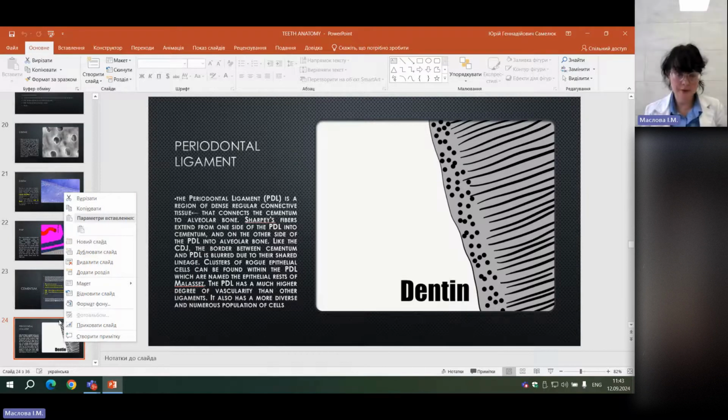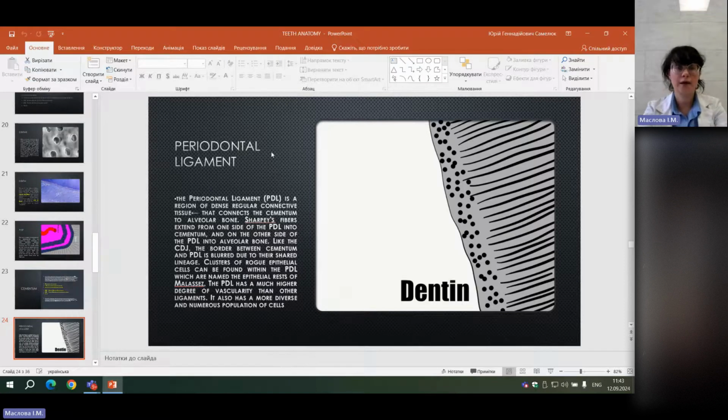The next structure is the periodontal ligament. The periodontal ligament, or PDL, is a region of dense, regular connective tissue that connects the cementum to the alveolar wall.